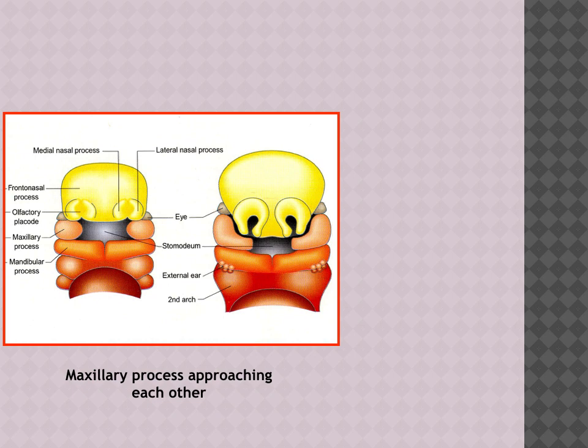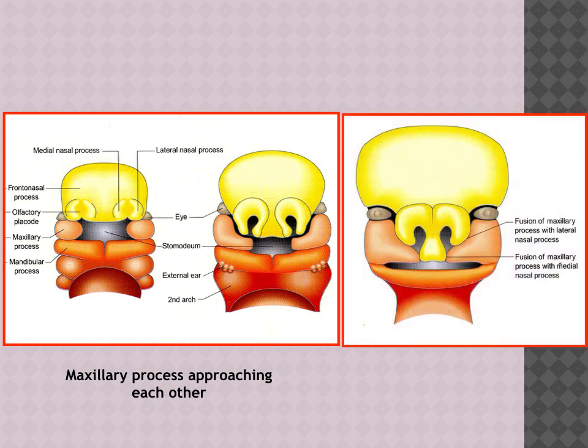Okay, and look at the lateral position of the eye. As we progress, you see something which looks like a human face now, which has contributed to fusion of various processes at different ends. Thus, we know that if there is malfusion of any of the processes taking place, there is going to be a cleft of that region happening.